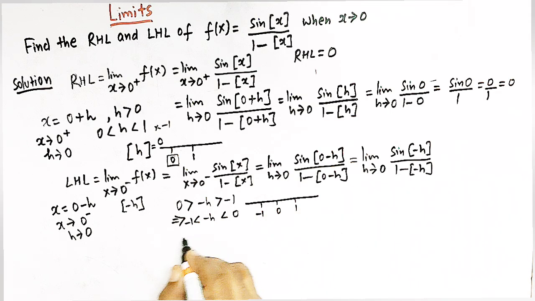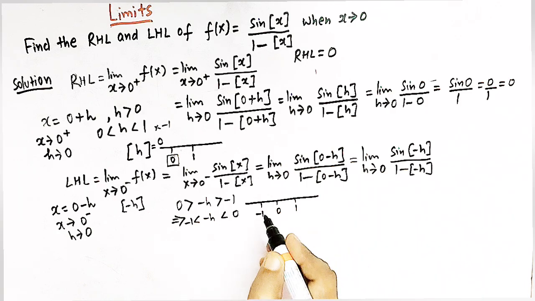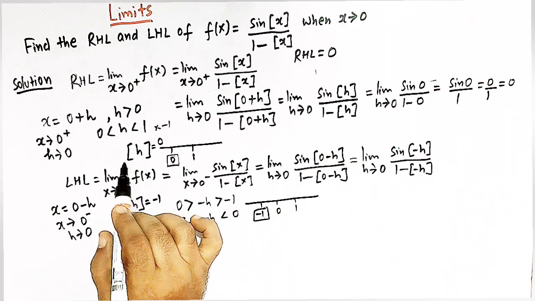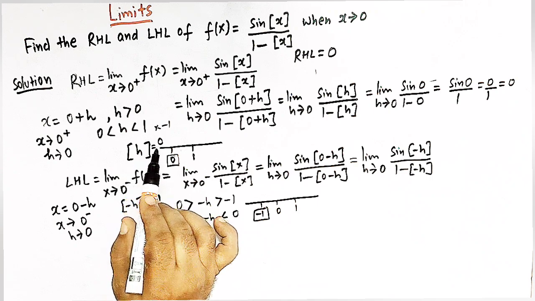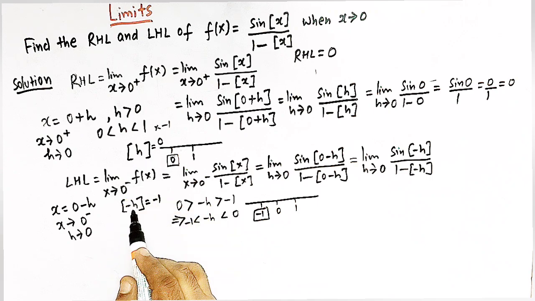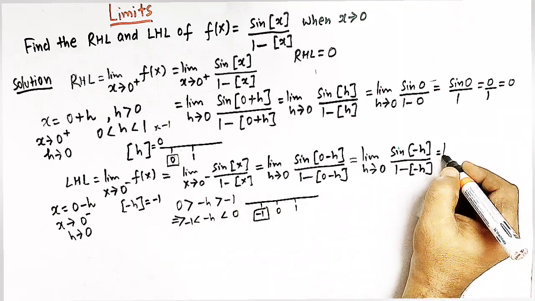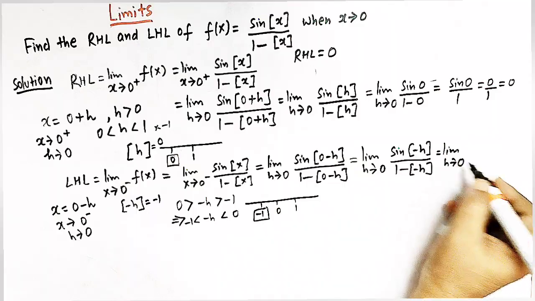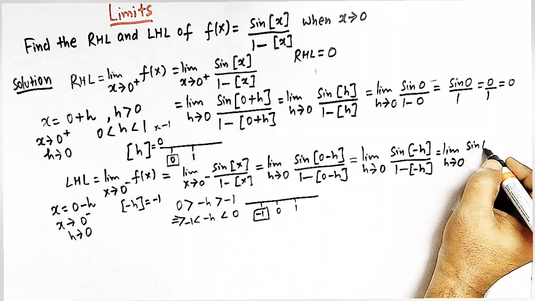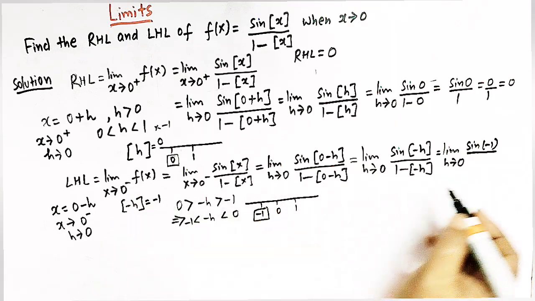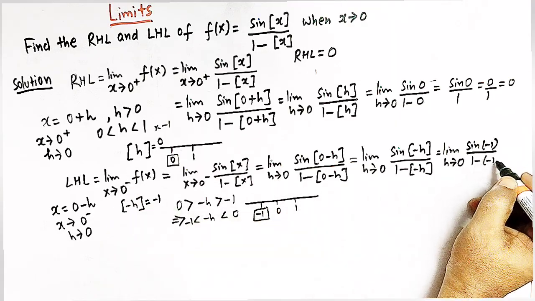So the greatest integer of negative h, by the definition of the greatest integer function, is equal to -1. Always remember, the greatest integer of h is equal to 0, and the greatest integer of negative h is equal to -1. So we have limit h tends to 0 of sine of -1 divided by 1 minus minus 1.